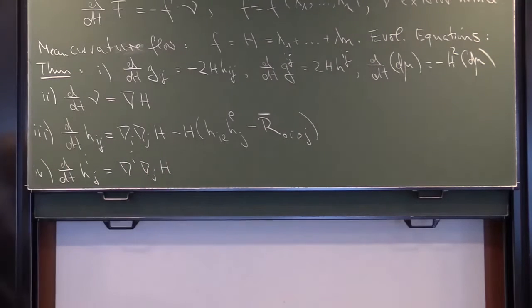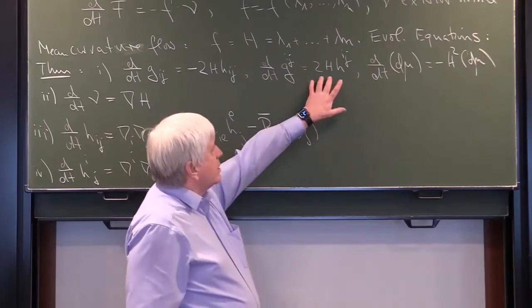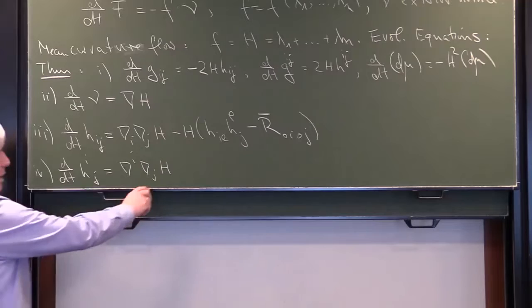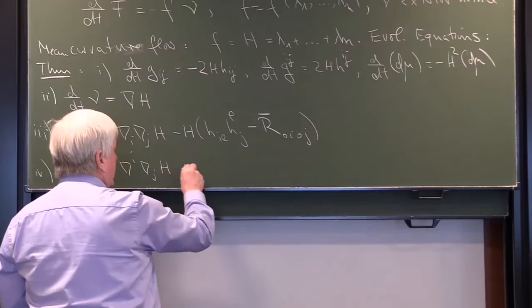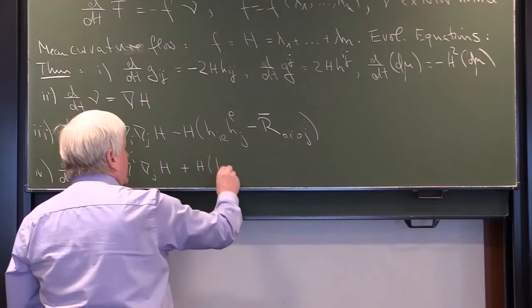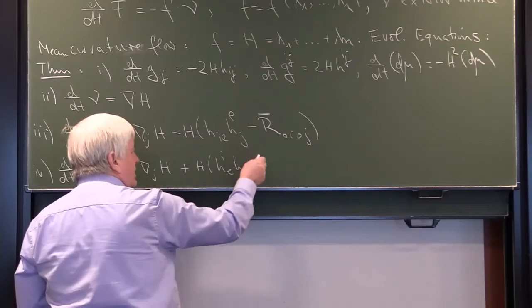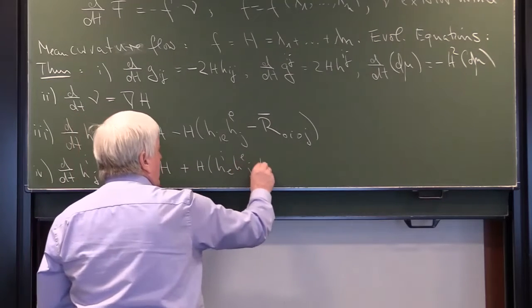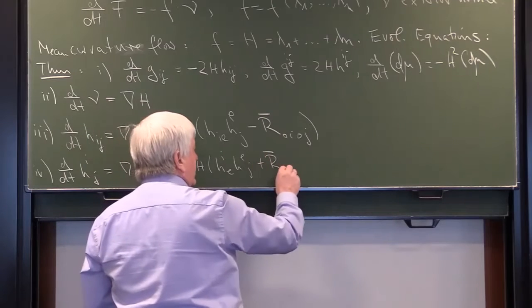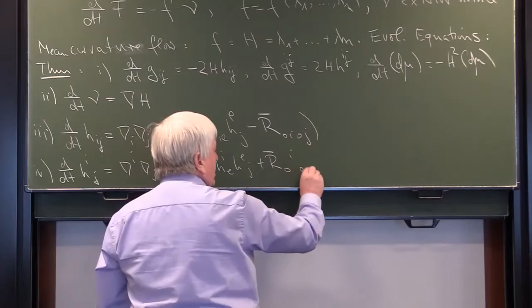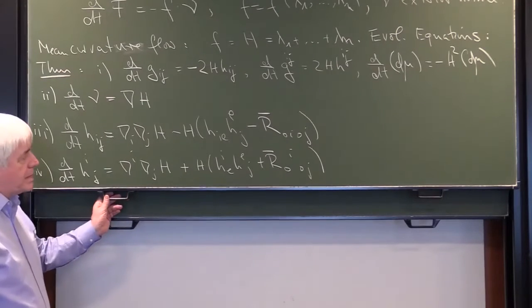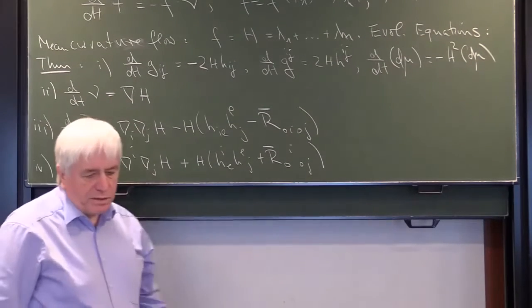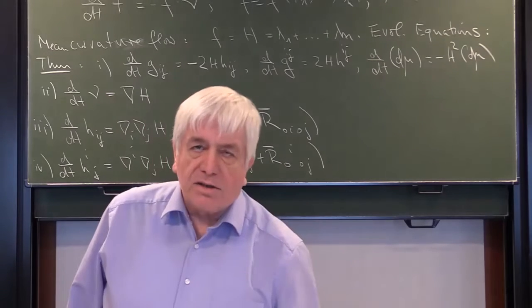And then from raising the index, you get plus these two terms, such that overall you end up with plus h times the square of the Weingarten map plus the Riemann tensor of the ambient manifold.